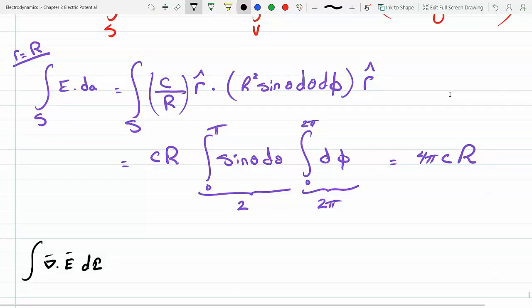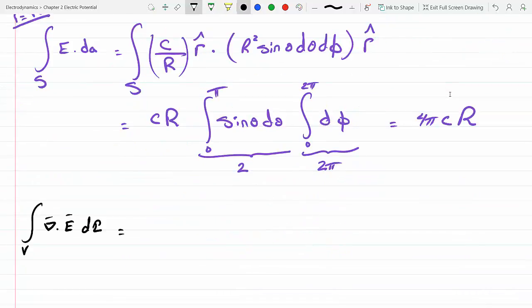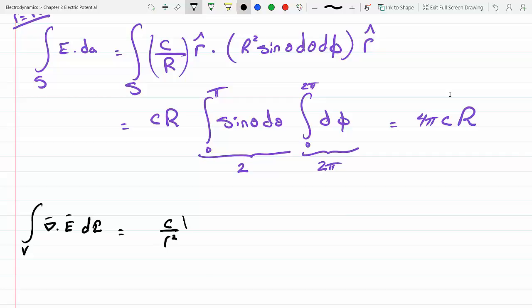Okay, on V, we already found the divergence. It's C over R squared times R squared.